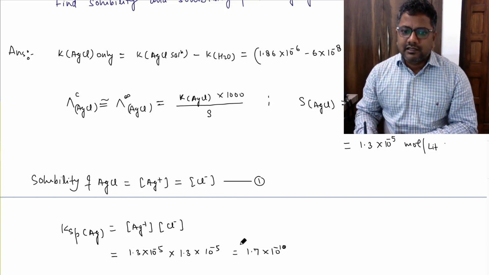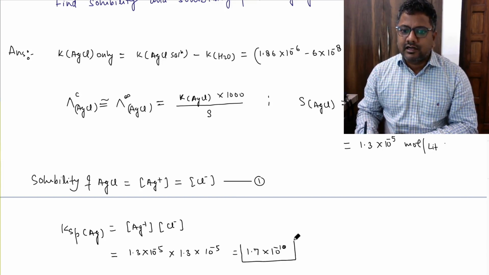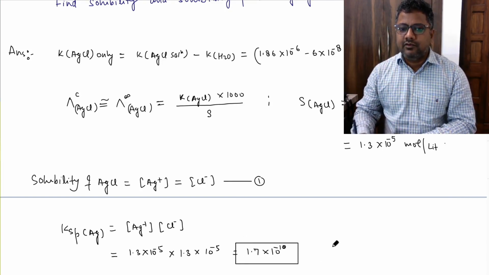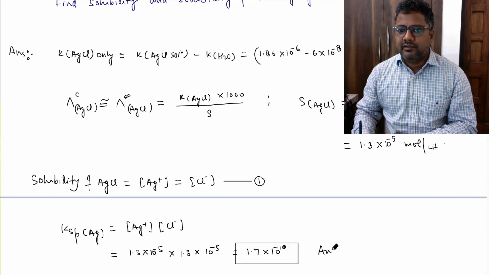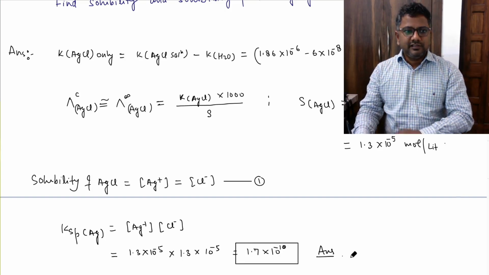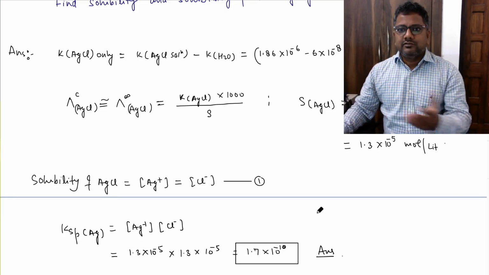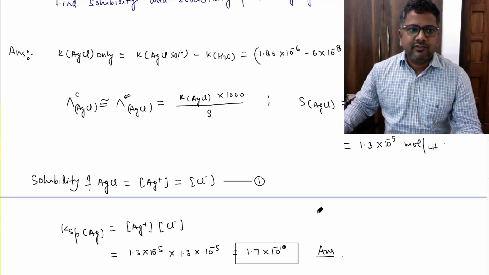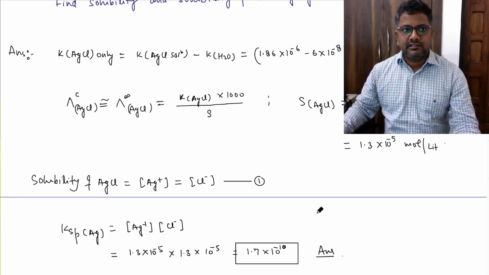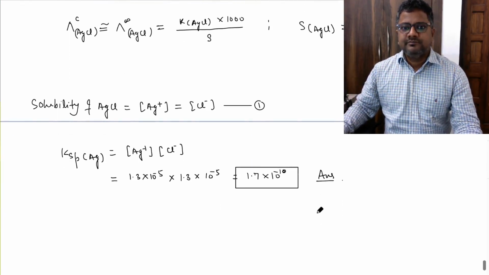And this is the solubility product of AgCl, which is very close to the experimental value. So if this type of question is asked, you can very easily answer it.